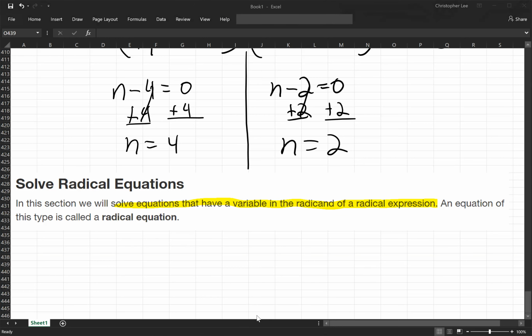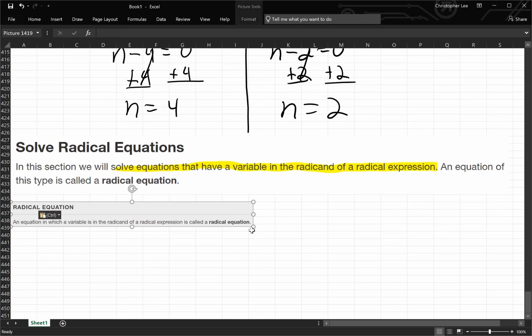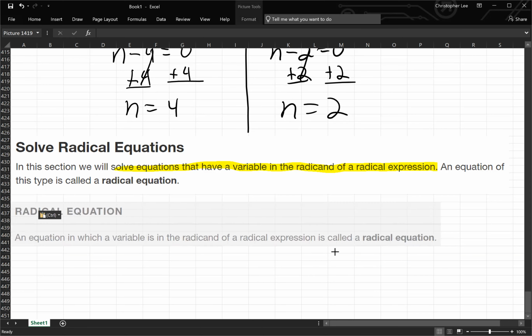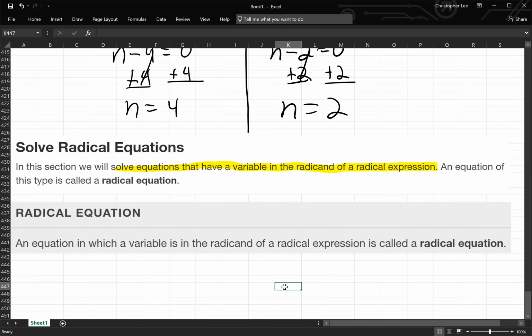It's actually really, really easy, but we got to build the vocabulary a little bit. Just a smidget. An equation in which a variable is in the radicand of a radical expression is called a radical equation.